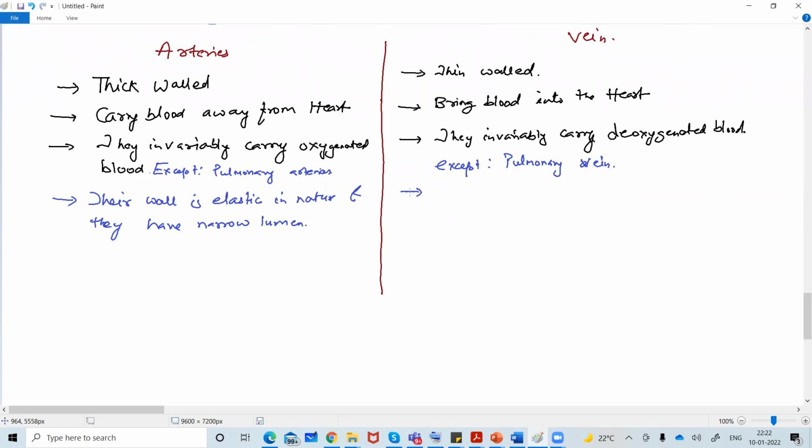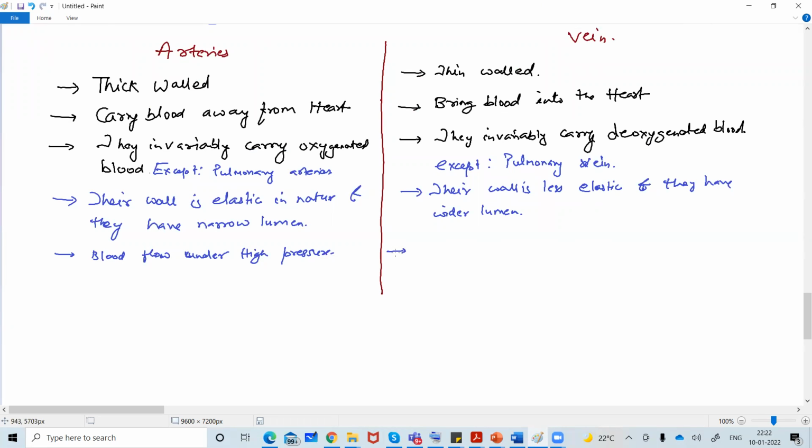Wall is not that elastic, so their wall is less elastic and they have a wider lumen. Based on the lumen, blood flows with high speed and under high pressure in arteries, and here blood is flowing under low pressure.